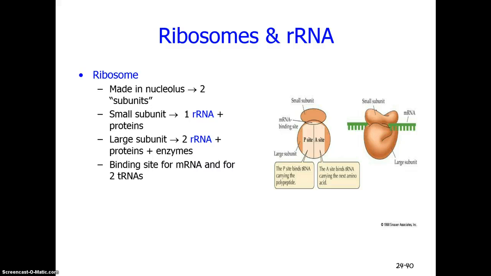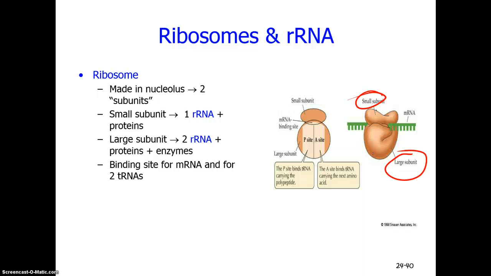So I guess before we get more in depth, we need to talk about ribosomes. Okay, so ribosomes are composed of 2 units. You have a small subunit that is made up of 1 RNA and proteins. You have a large subunit. I am not so concerned that you know that it's 1 RNA and proteins and then 2 RNA, proteins, and enzymes.